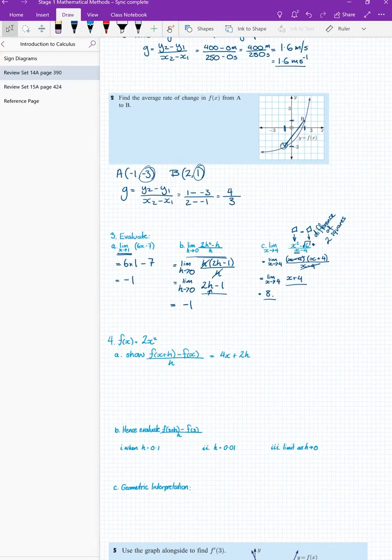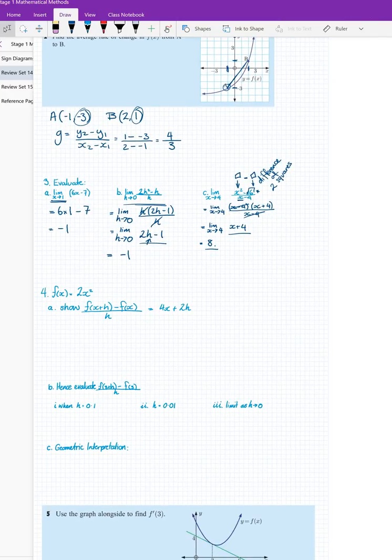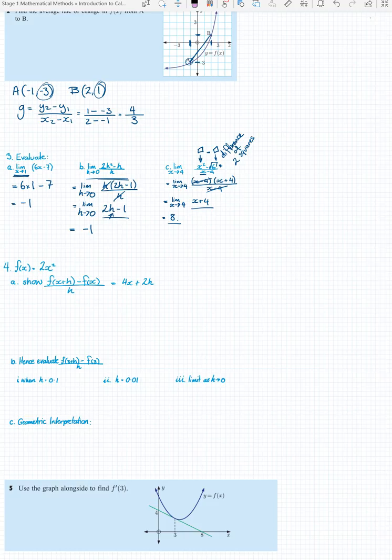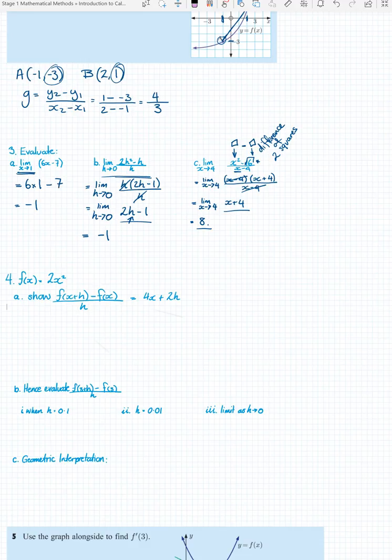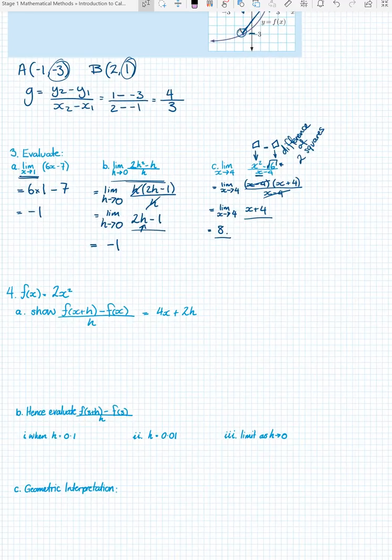Okay, now for our function here of fx equals 2x squared, so this is question 4, we need to show that the function of x plus h minus the function of x divided by h gives us this expression here, 4x plus 2h. So we already have the value of fx up here.